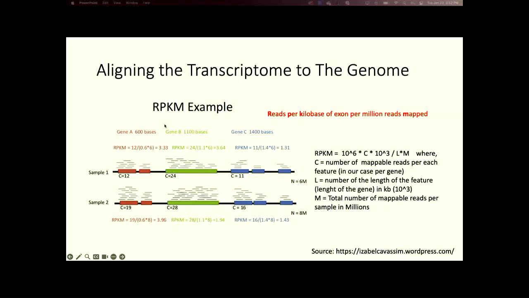So what RPKM is, we're just saying reads per kilobase of exon per million reads mapped. So we're just coming up with a number that normalizes the gene length and the number of reads that align to it, so that we can have a value of gene expression. So we would often call this an RNA-seq experiment.